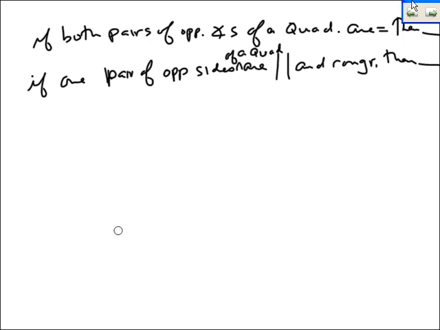Now, there's a few others. There's a number of ways of showing that a four-sided figure, that is a quadrilateral, is a parallelogram. Okay, let me think for a moment.